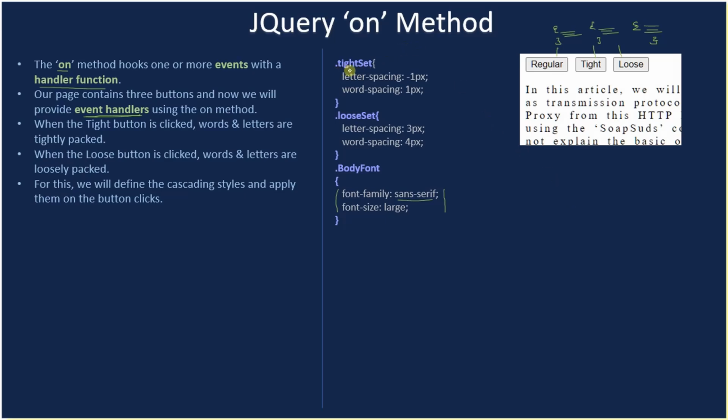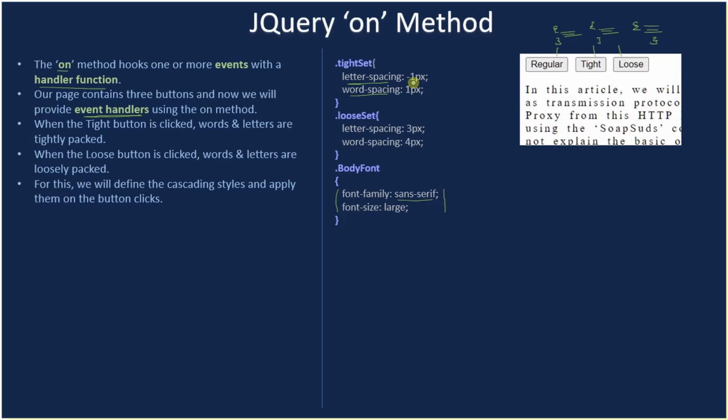Then we have a rule for typeset, and here if you see, we are using the CSS letter spacing and word spacing. Letter spacing defines the space between each letter. If you take THIS, these are the letters, and what is the gap between them.